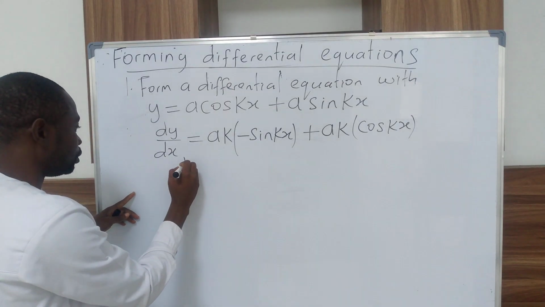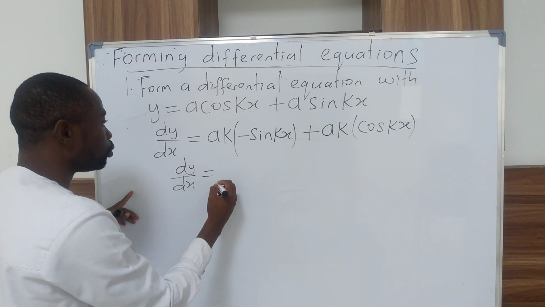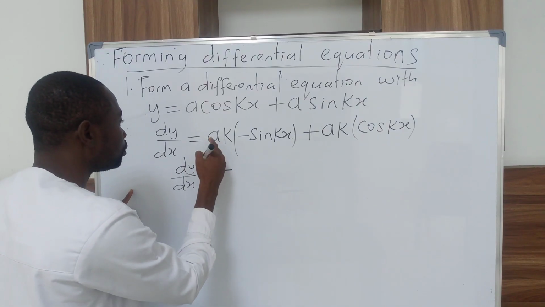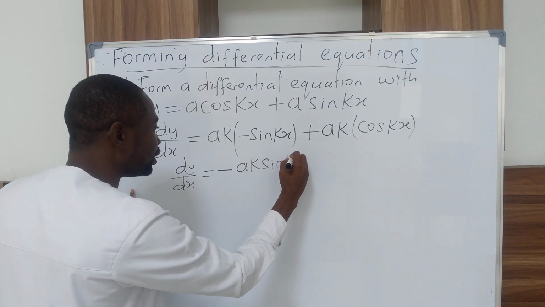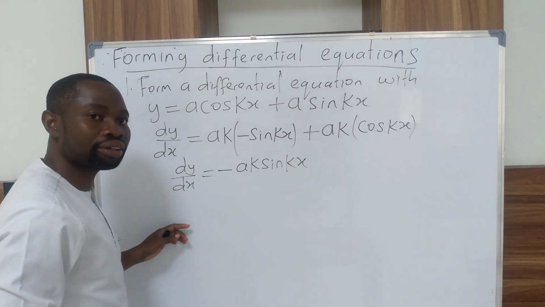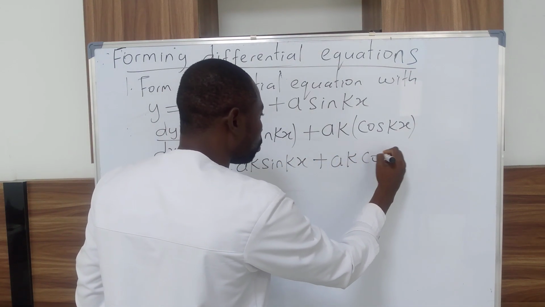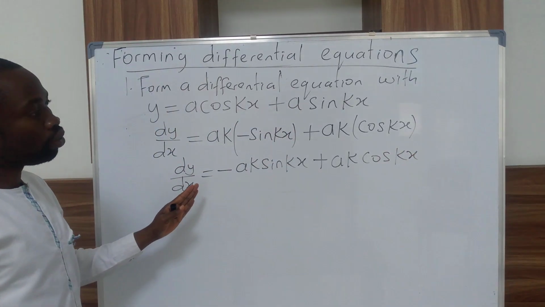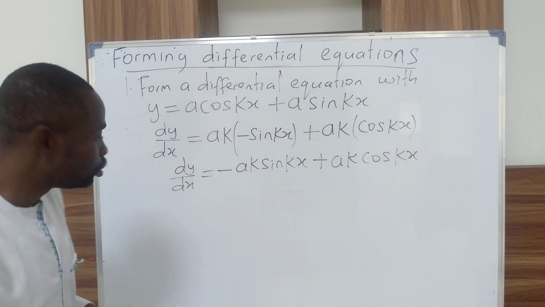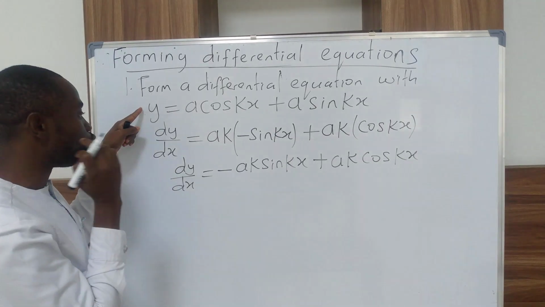So this is dy dx is equal to minus ak sine kx plus ak cos kx. Now, what I've been able to do is to find the first order of the function.